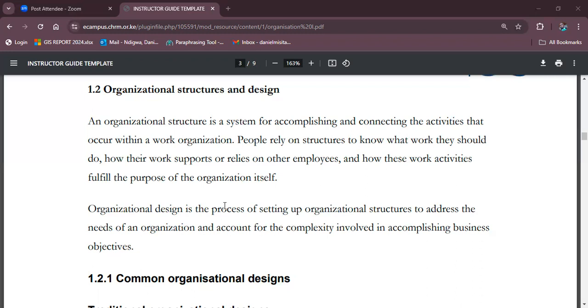And these activities are normally connected to other activities or other departments so that it helps you to understand the flow of work and how best you can support each other throughout the organization.